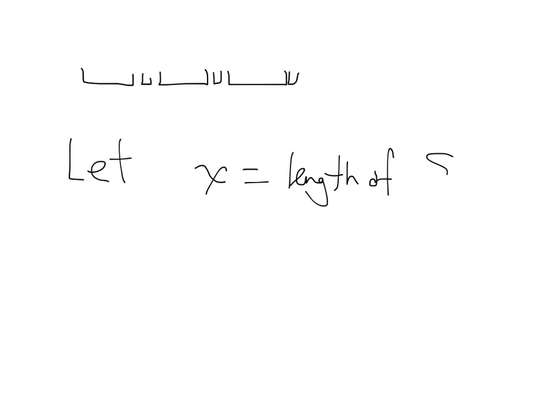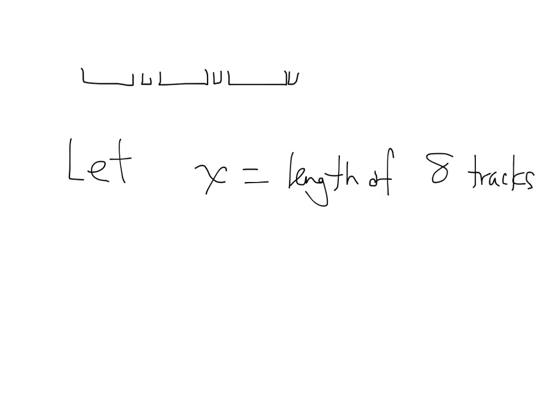Let statements. What do we got for let statements? Paul, what do you want to call x this time? Which one, one of the 8 tracks or one of the 5 tracks? It doesn't matter. Pick one of the tracks. So x is the length of the 8 tracks that are the same.